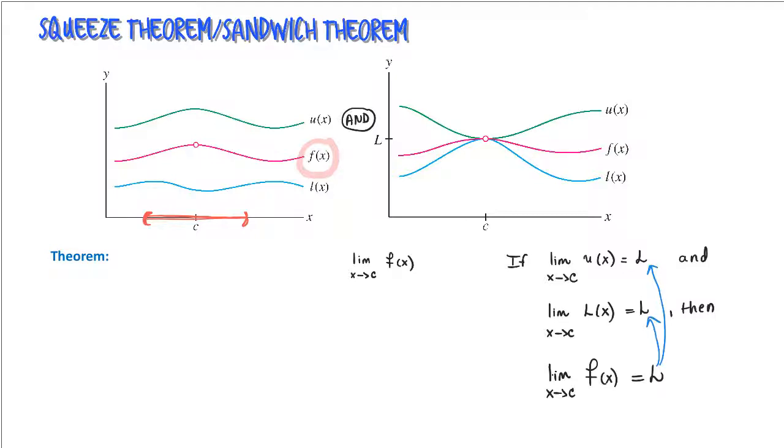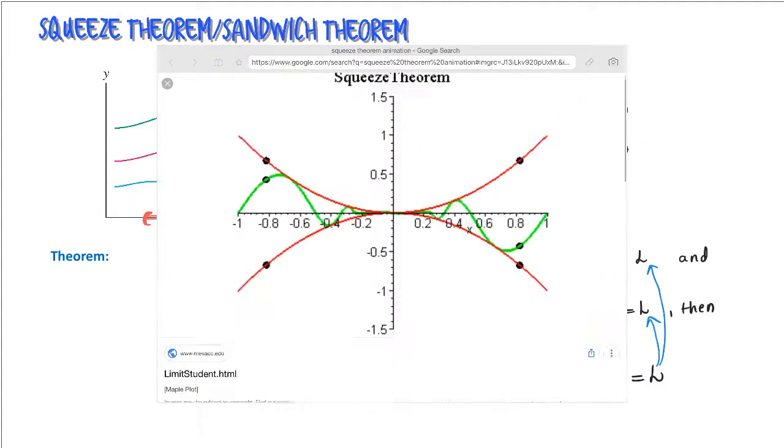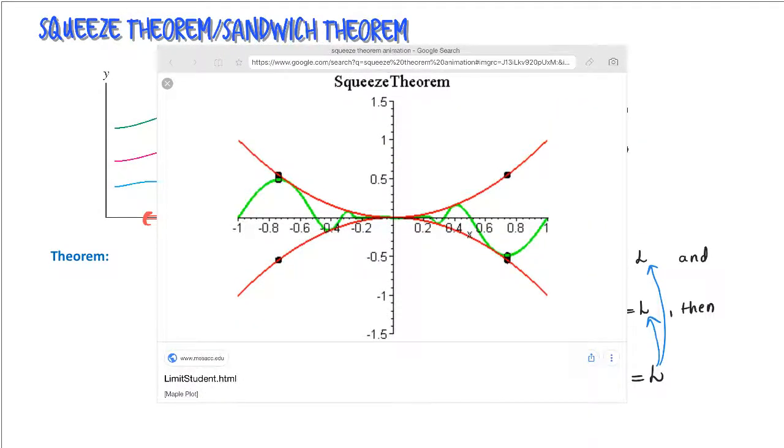Let me show you a very short illustration of what happens through the squeezing effect by considering points on each graph. I want you to follow here. If you look at this animation, I would like you to follow these dots. There are dots on the red graph above, the red graph below, and the green graph. The green graph is being squeezed.